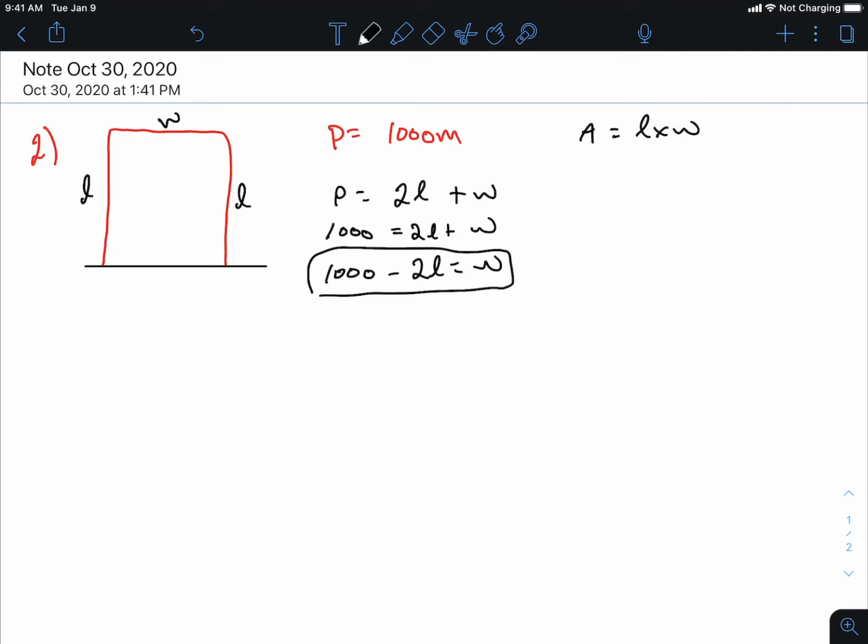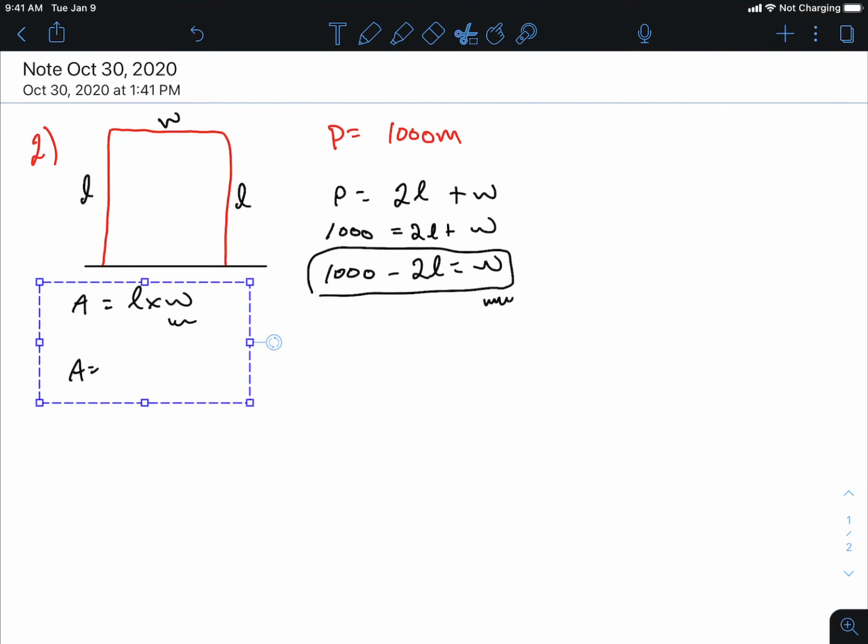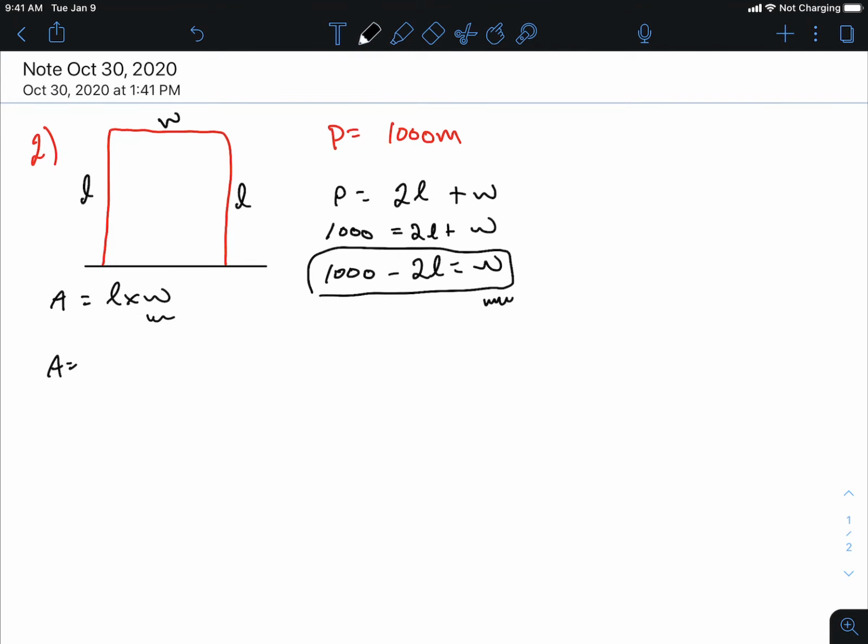Now, I have one of the variables isolated. I have another equation up here. Plug it in. I'm going to save myself some space here and move down here. I'm just going to make the substitution for W. W is equal to 1,000 minus 2L.